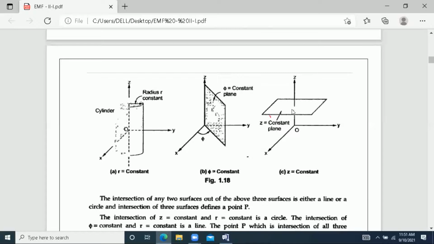So while you have surfaces in the Cartesian coordinate system, in the AX, AY, and AZ direction, that means these surfaces are normal to the AX, AY, or AZ. In the cylindrical system, they are normal to AR, A phi, and AZ. Those are your unit vectors.